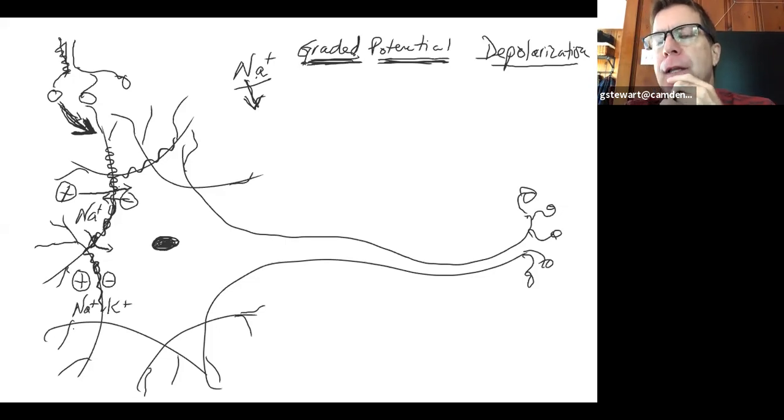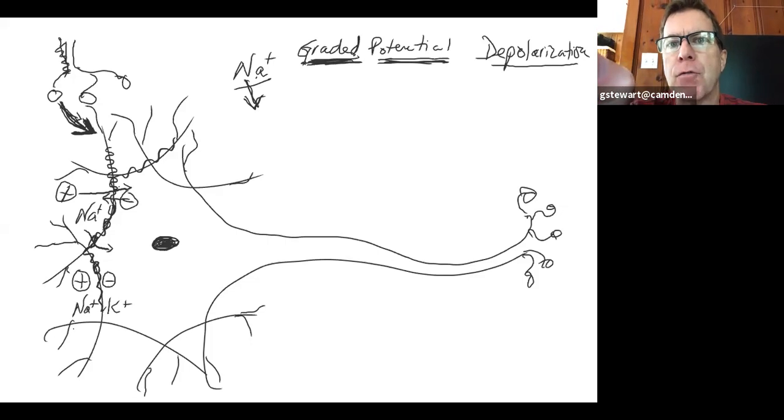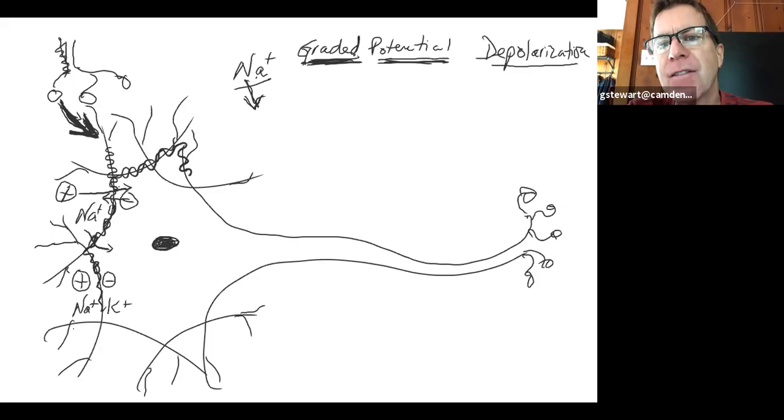Now, a graded potential just means when neurotransmitter from a presynaptic cell releases its chemical onto this resting postsynaptic cell, we get a change in polarity, and it acts like ripples in a pond when you throw a stone into a pond.